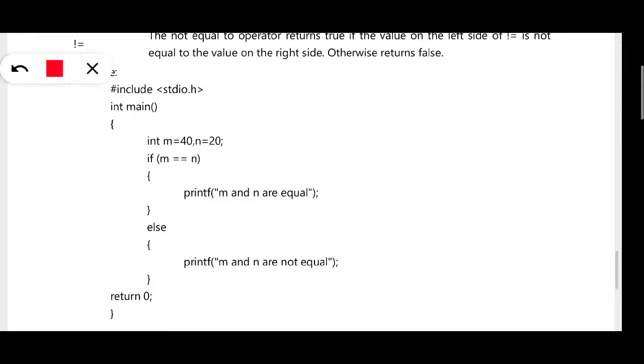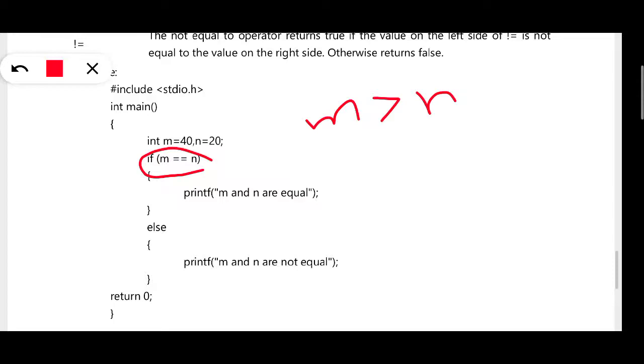If you want to use the if statement, in the place of the equal operator, you will write m greater than n.